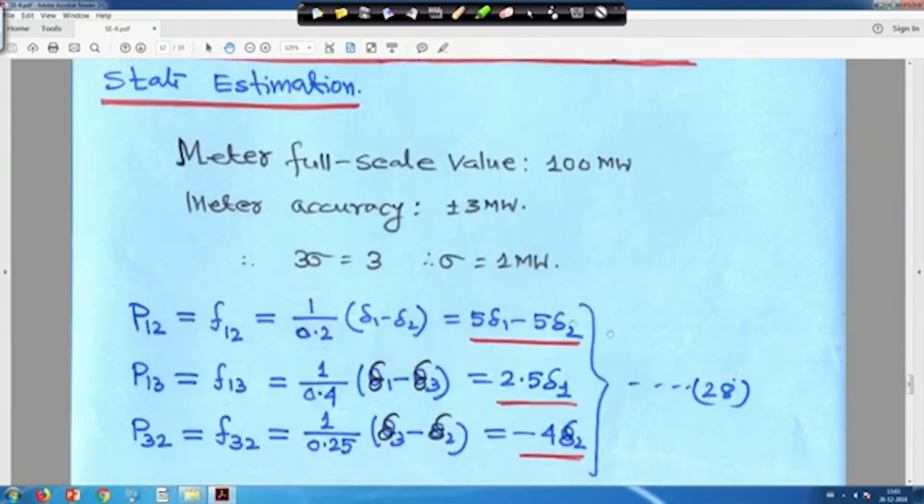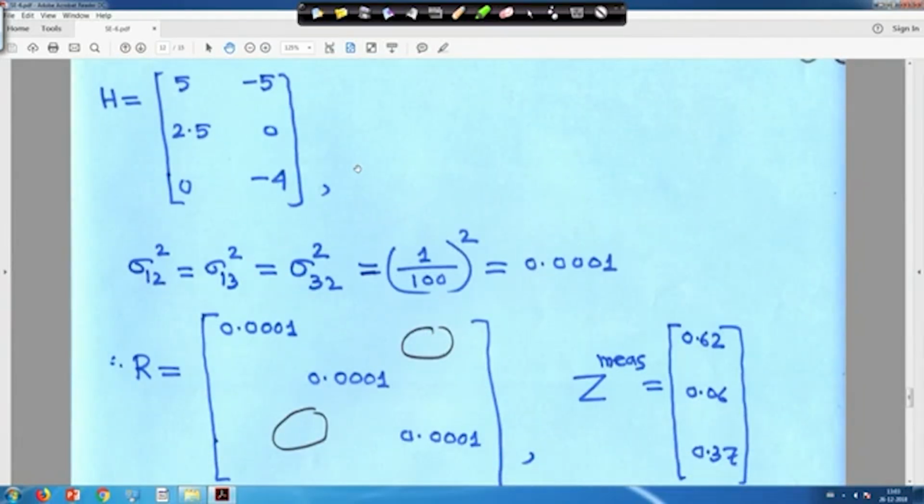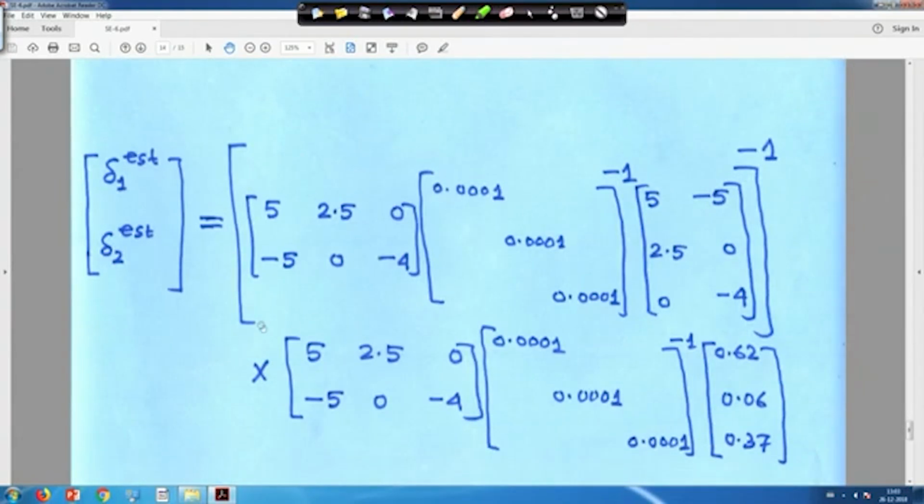I told you that 27 is x, delta 1 estimated, delta 2 estimated, and if you put all these values in this expression, it is H transpose R inverse H whole inverse, then again H transpose R inverse, then Z measured, which is given. Just put in every value and simplify, and the matrix inside will be 2 into 2 only.